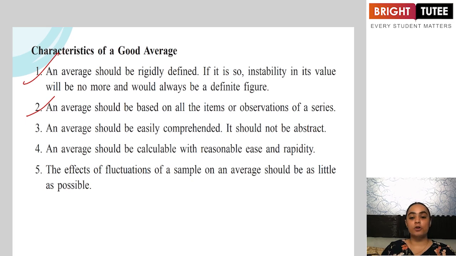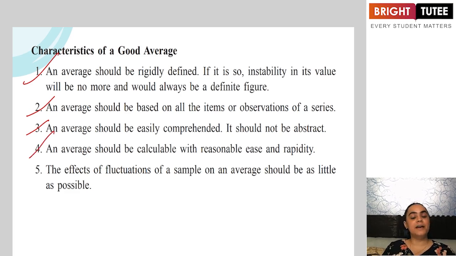It should be based on all the observations of the series. It should be easily comprehended, easy for one to understand the data. The method that you are using to calculate the average should be easy and it should be quick enough for you to do so.